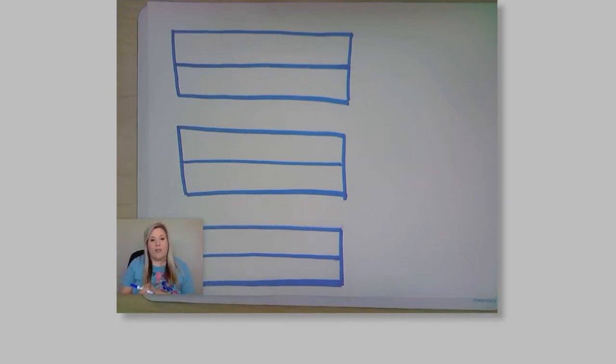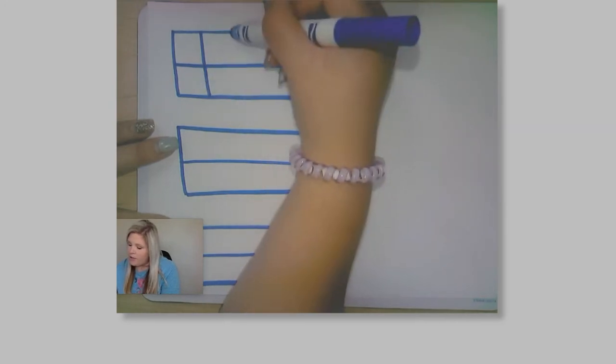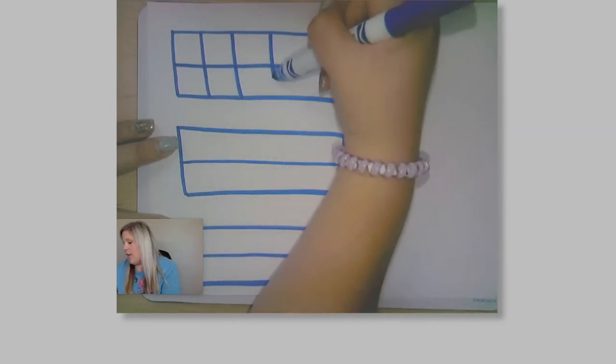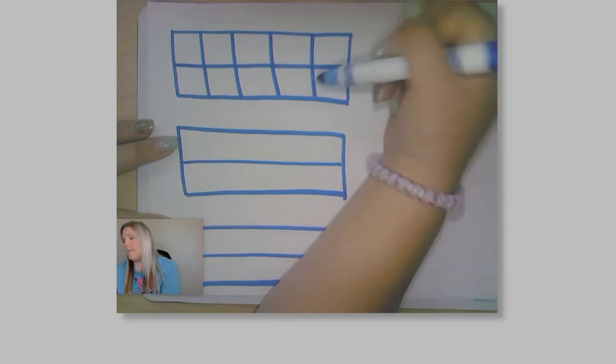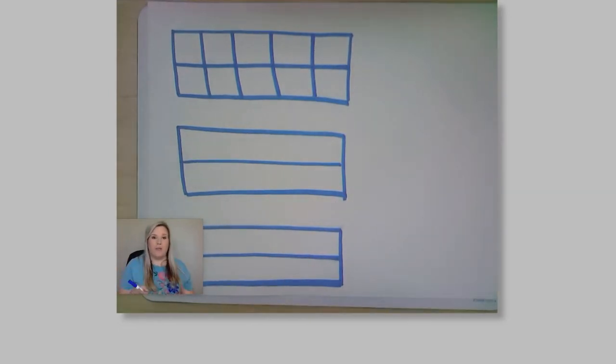Now we're going to draw 4 vertical lines in our first rectangle, like this. 1, 2, 3, 4. Now you draw your 4 vertical lines.